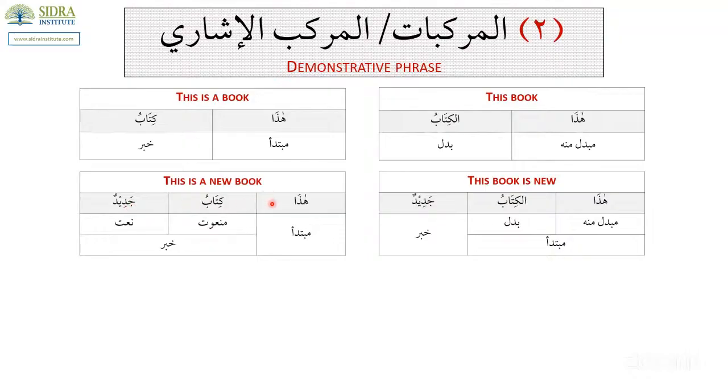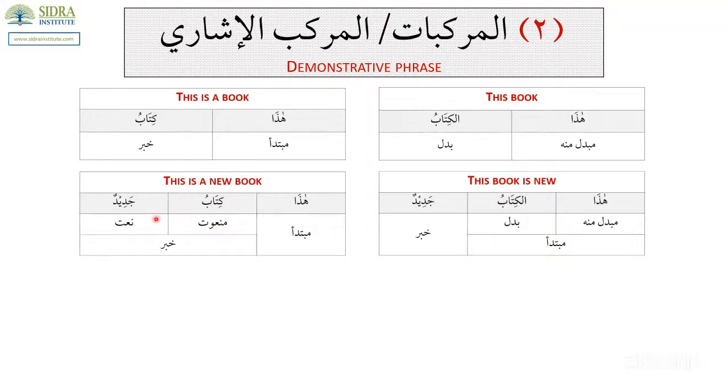So هذا, because the next word doesn't have al, from the onset will be mubtada'un. But like in the previous example at the top, where we just said kitabun is the khabar, this is a book, here we've got more information. So kitabun is man'ut, and jadidun is the na'at.